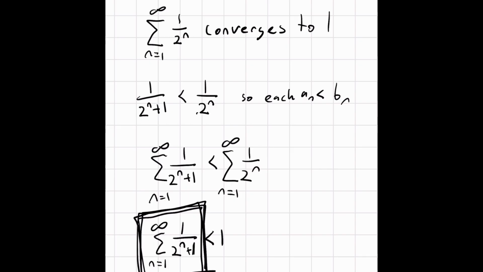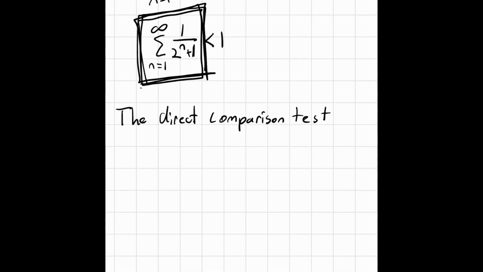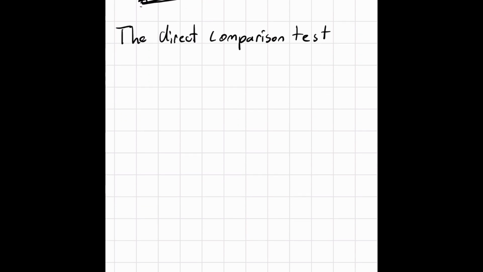So let's give this a name. We call this the direct comparison test. Now in this case it converged because we could see that it was small enough. So let's write that out. This direct comparison test gets 2 pieces.